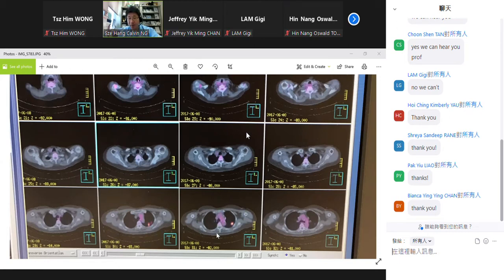There have been brief reports of EBUS introducing infection into the mediastinum, but that's very, very rare indeed.